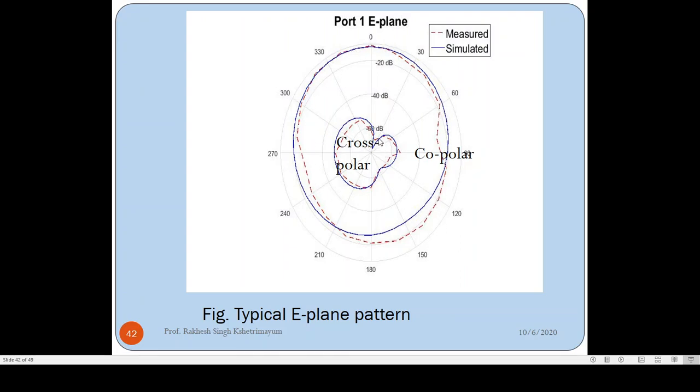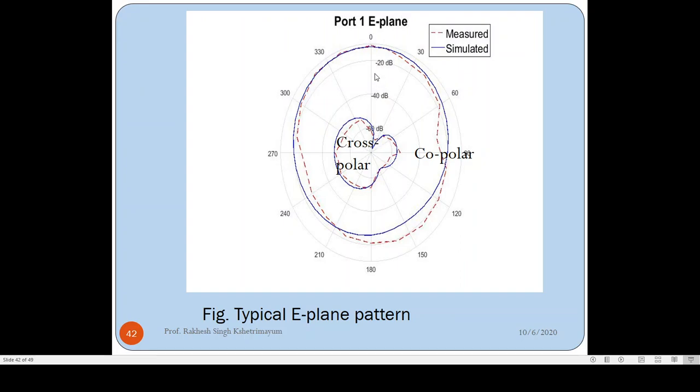For the cross polar case, what you observe is that dashed lines and solid lines are very close. Moreover, you can observe that for copolar, the fields are very high, while cross polar fields are very low. It's very good to have a very low level of the cross polar component, because this is actually wastage.